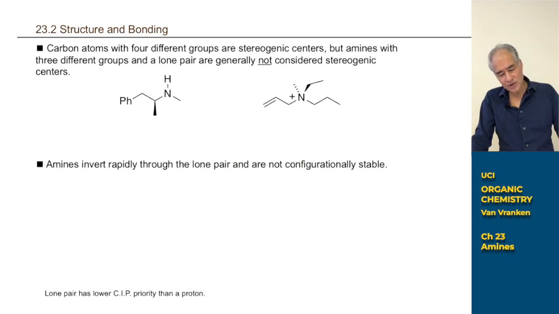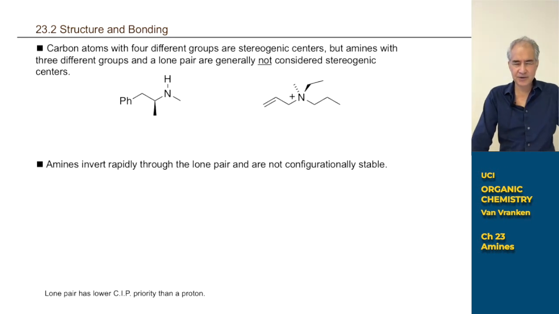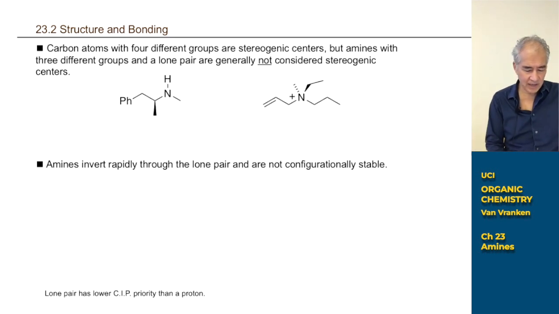All right, let's talk about the structure and bonding of amines, specifically related to stereochemistry. We've talked about stereogenic centers and stereochemistry, and I tell you that on my exams you're expected to be able to identify stereogenic centers and the presence of stereoisomers. So let's go ahead and talk about how many things you can have on a nitrogen that is sp3 hybridized.